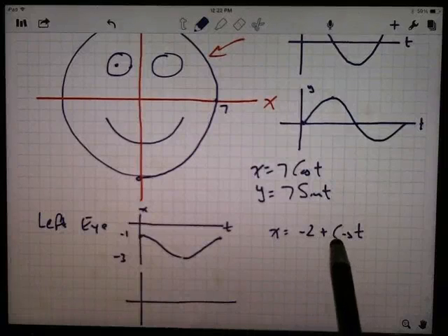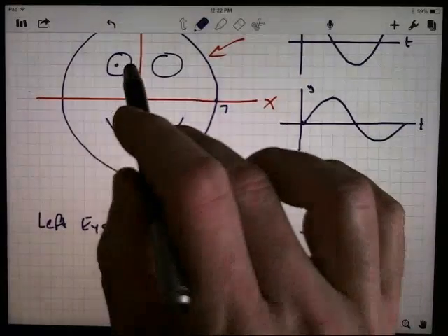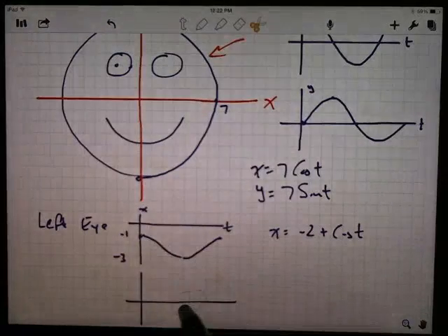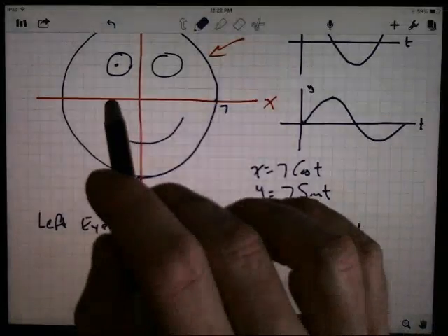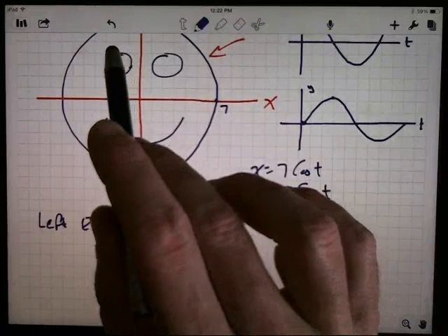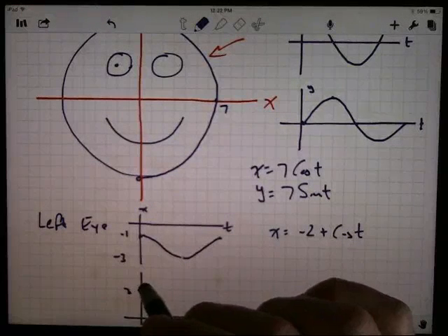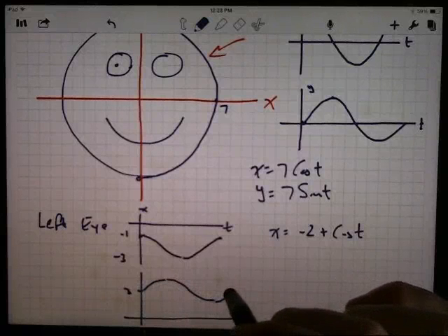And then you do a cosine above and below it. Okay? The y-coordinate at the same time is starting at 3. It starts at 3, goes up to 4, back down to 3, goes down to 2, and goes back to 3 again.